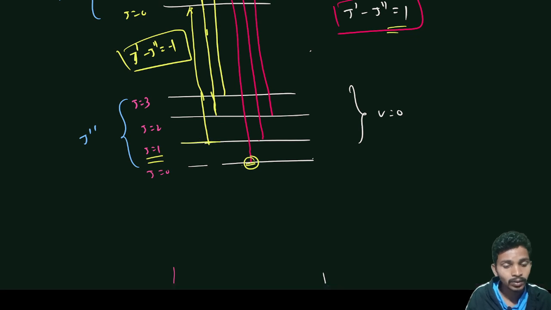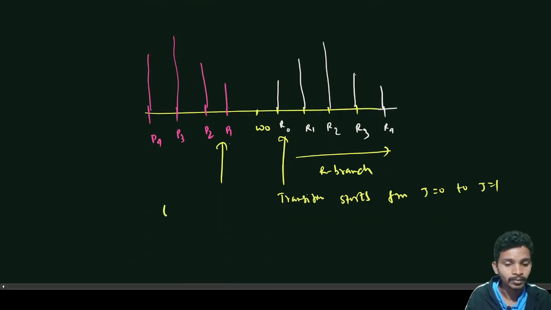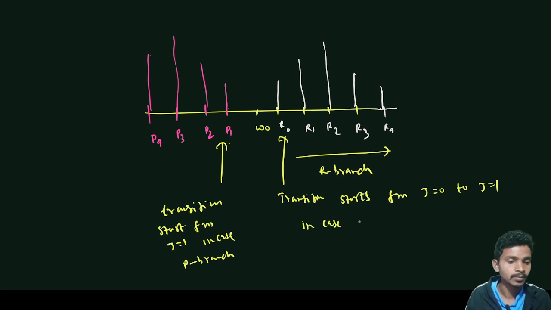So with the starting position, this is j equal to 1, that's why it starts from P1, because transitions start from j equal to 1 in case of P branch, and from j equal to 0 to j equal to 1 in case of R branch. Okay.